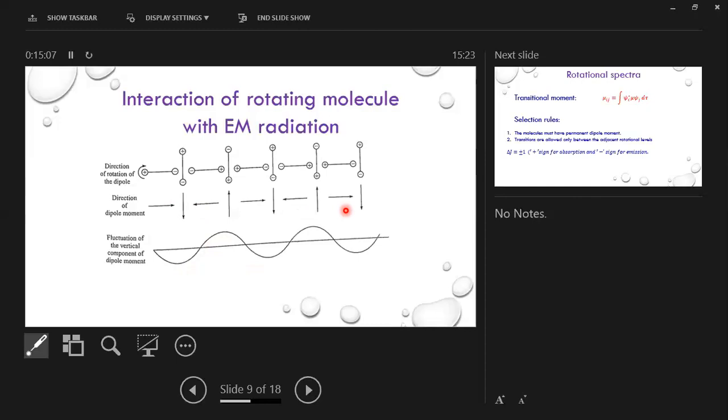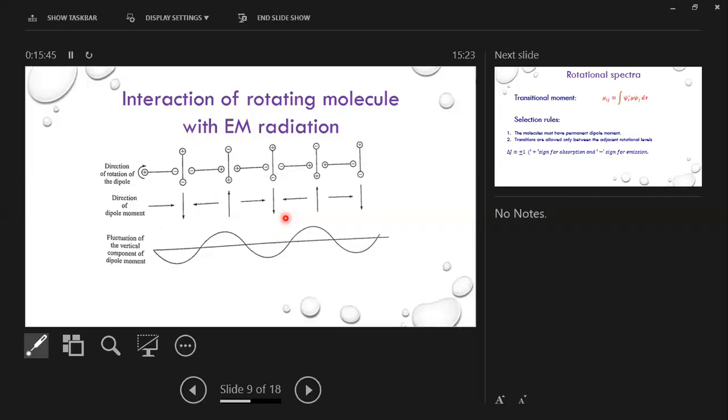This change will generate a fluctuating electric field, and this electric field will now interact with the incident electromagnetic radiation applied on the molecule. If the molecule does not possess any permanent dipole moment, then this change will not produce any effect, because the permanent dipole moment is zero, so the electromagnetic radiation will not interact with the molecule.